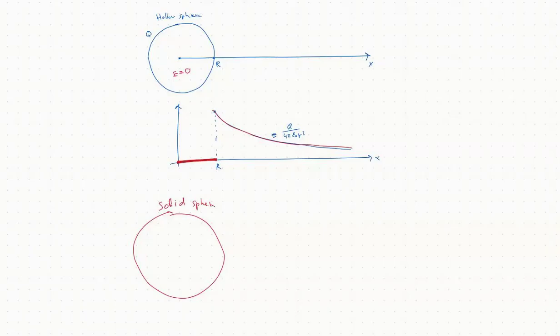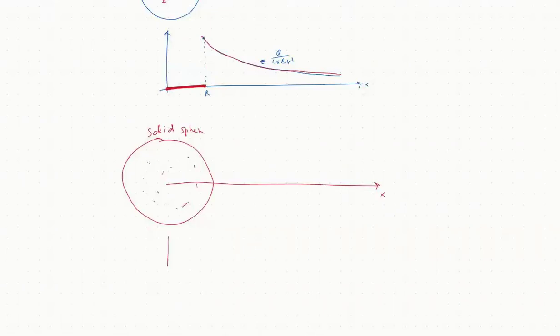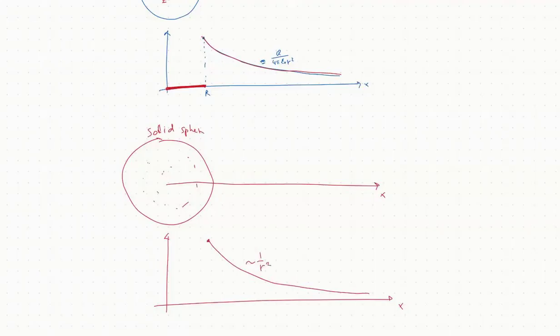But this is a solid sphere, and so the charges are located inside the sphere as well. Outside, it's going to be a similar picture, proportional to 1 over r squared. But inside, it's not going to be 0. It will linearly increase.